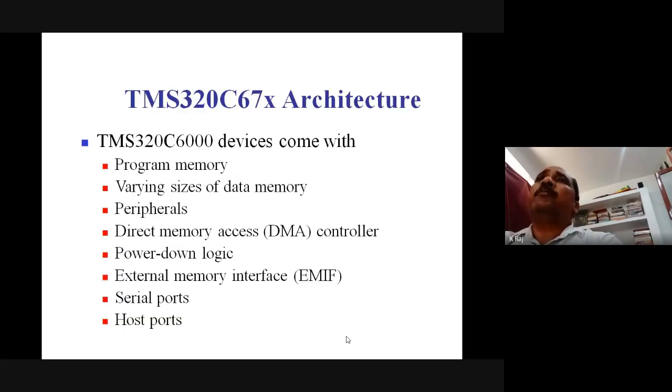Now, if we come to the TMS320C67, here the devices here, 6713 or 6712, etc., or the 6711. This device, this 6000 series devices comes with the program memory, varying size of the data memory, peripherals, direct memory access, that is the DMA, and there is the extended facility.